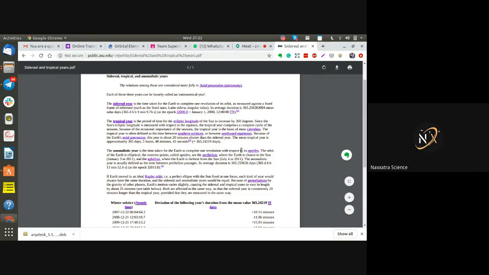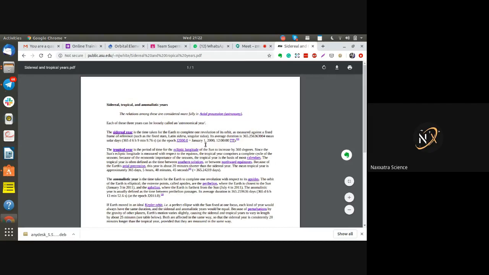So the most important concept to understand is, if you think about a 360-degree rotation of the Earth, and it completes that, it still has some amount left for it to reach the same position with respect to the sun. It would be easier if I could draw it for you.